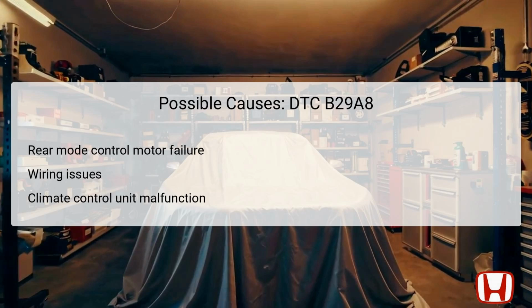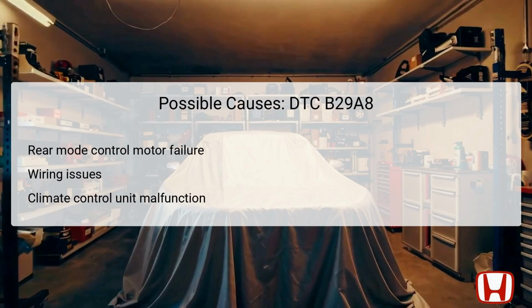Various factors may lead to DTC B29A8 being triggered. Firstly, the rear mode control motor itself may fail due to wear and tear or malfunctioning internal components. Secondly, there could be wiring issues, such as shorts or broken wires in the MRV open and MRV close circuits, preventing proper communication between the motor and climate control unit.